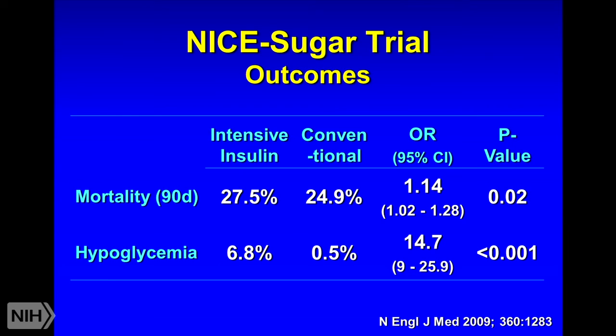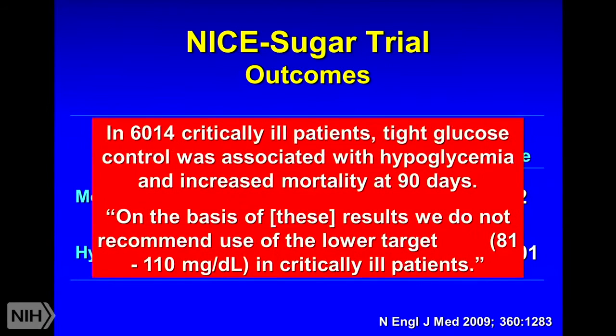What they found is tight glucose control significantly increased mortality, just like with high-dose steroids. Same problem. In 6,000 critically ill patients, tight glucose control was associated with hypoglycemia and increased mortality risk at 90 days. On the basis of this, we do not recommend use of lower targets, less than 110, in critically ill patients.